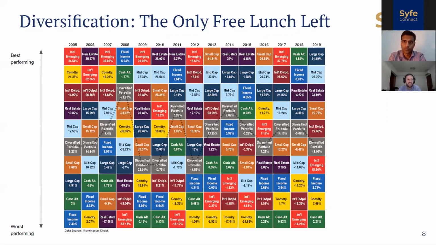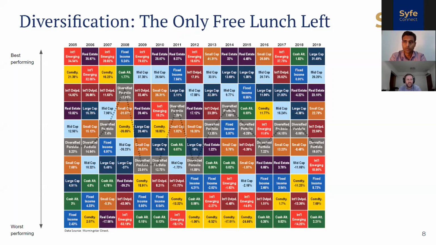So what you can see is that there really is no consistent year-on-year best performing asset class. There are some asset classes that feature a couple of times at the top as best performing, but those same assets are subsequently the worst performers the very next year.